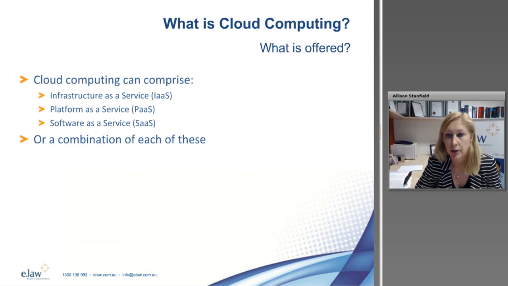So what is cloud computing? What's actually offered? Cloud computing can comprise firstly infrastructure as a service, so that's where the hardware and so on is essentially rented, and I'll explain a bit more about how this works shortly. A platform, so particular applications, that sort of thing that can be provided, or finally software as a service, and this is what we often provide in the legal review sphere.